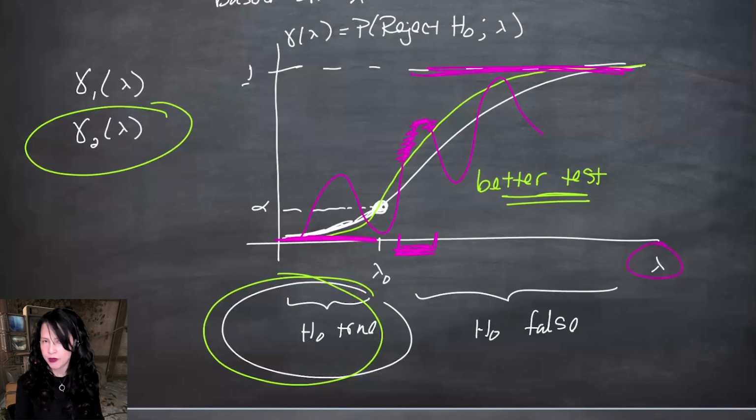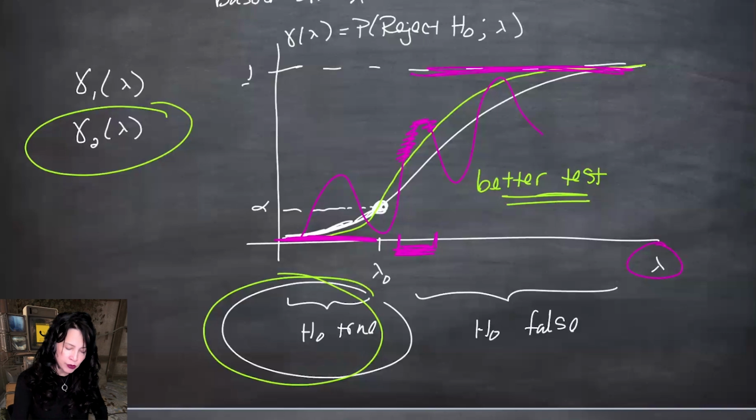But we don't know what lambda is, or we wouldn't be doing any hypothesis testing. So if I have a power function that says this one is better for some lambdas and not better for others, but we don't know lambda, it's not helpful. So again, if you draw two power functions, you may not be able to compare the tests.